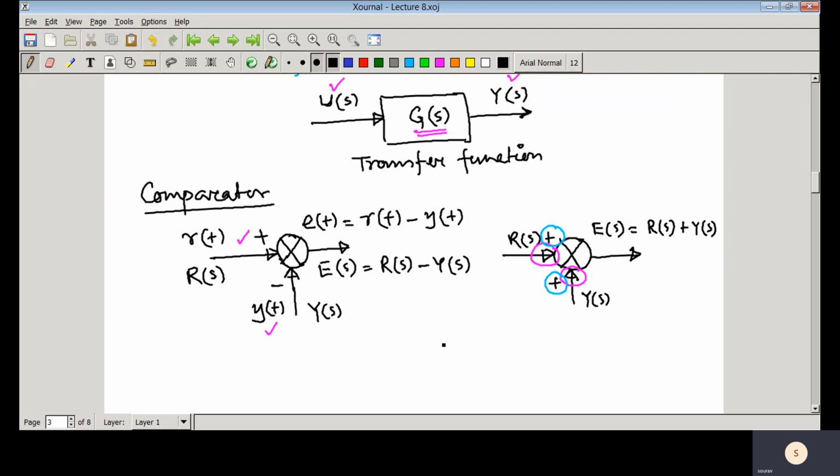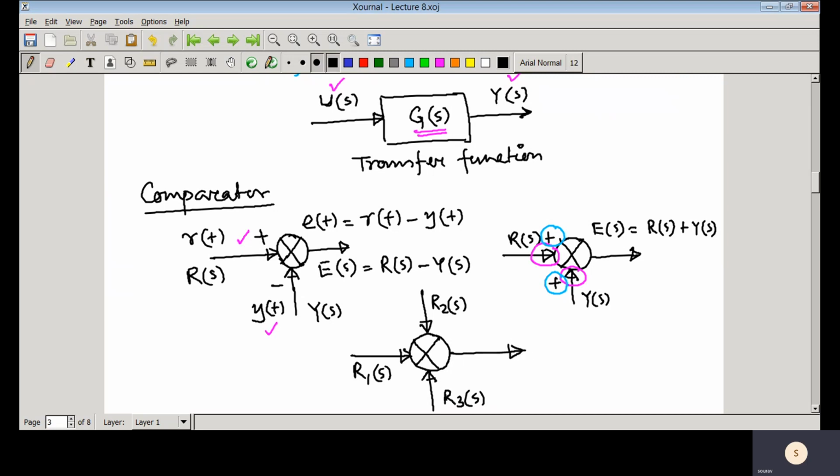Like if you have a comparator like this, and here suppose three signals are entering, R1(s) and here R2(s), and suppose this is R3(s).